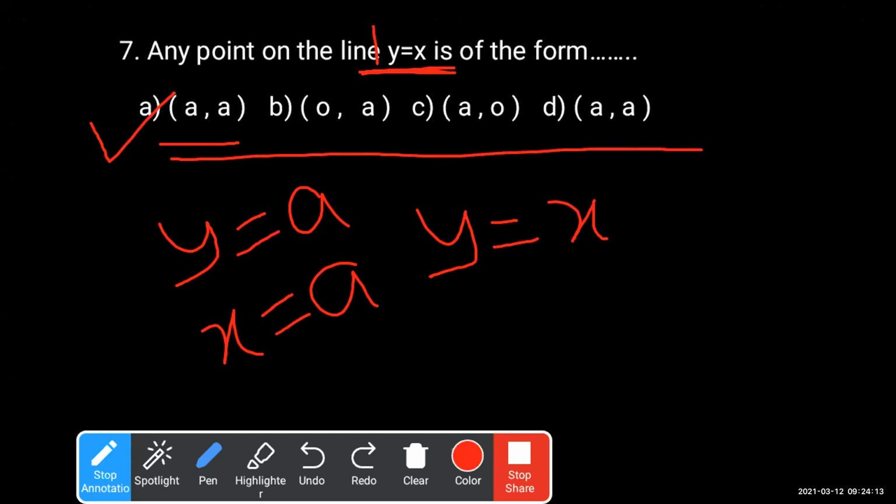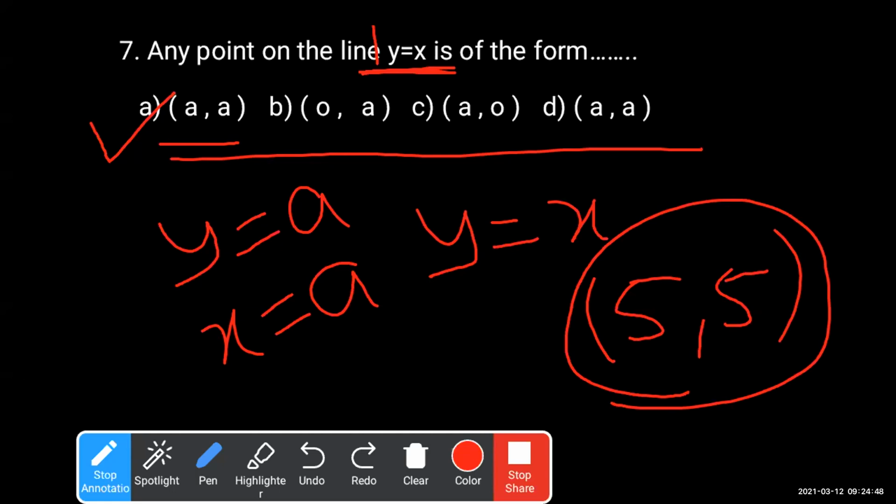Out of all four options, in the first option the coordinates of x and y are the same, that is A comma A. If instead of the letter they give you 5 comma 5, then this also will be true. But here they have used the letter, the general form, so this will be true only if they give you the coordinates in the option.